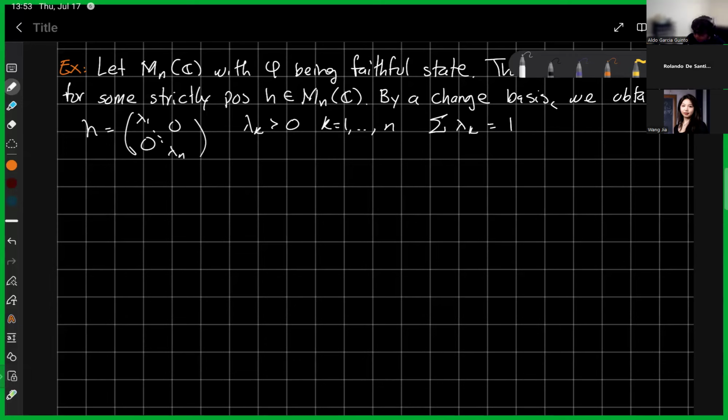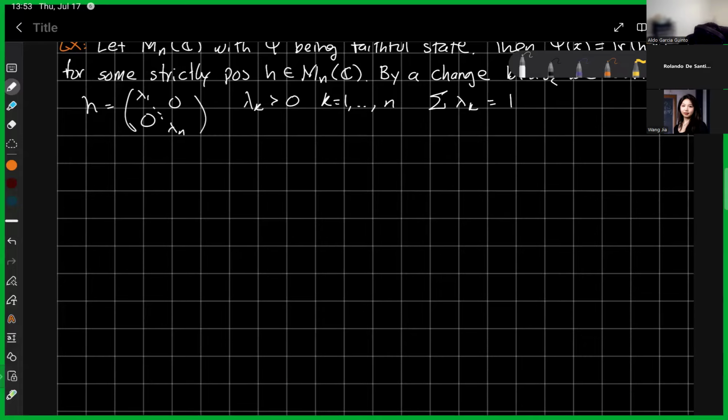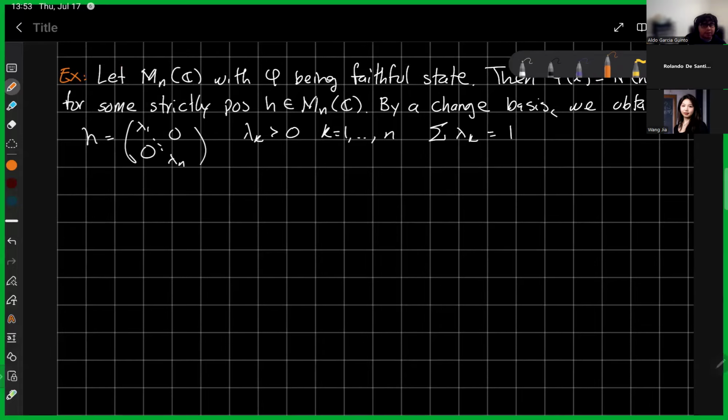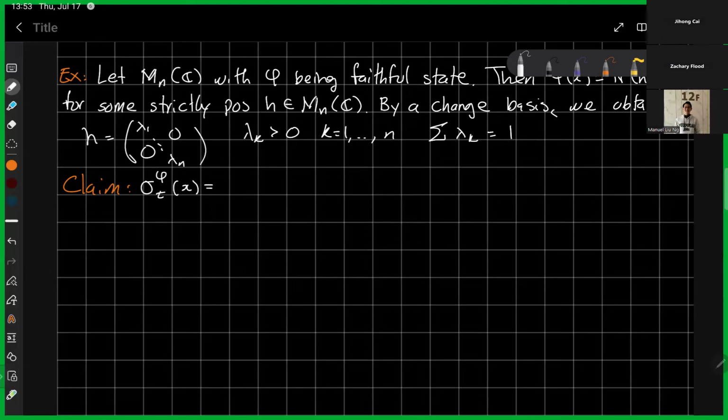Well, I guess we should mention what the modular operator here is. Does anybody want to take a guess on what it should be? I'll give you a hint.